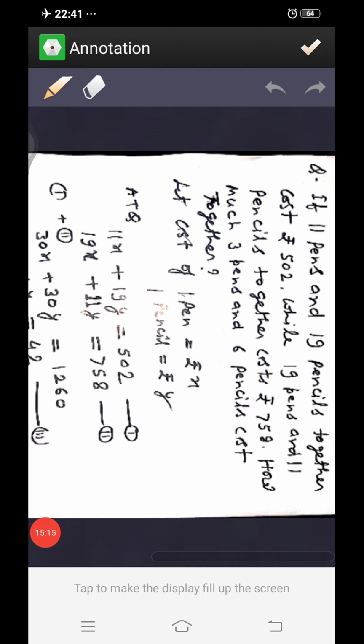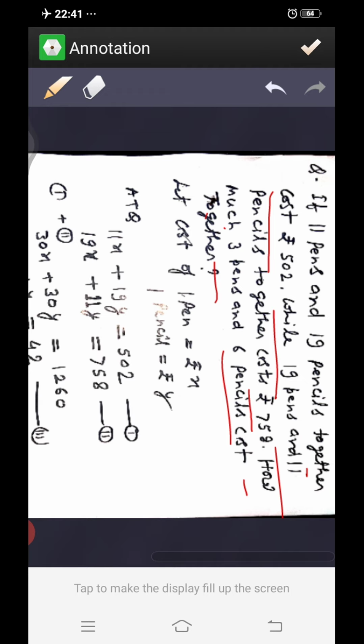Let us take one more question here. If 11 pens and 19 pencils together cost rupees 502, while 19 pens and 11 pencils together cost rupees 758, how much do 3 pens and 6 pencils cost together?